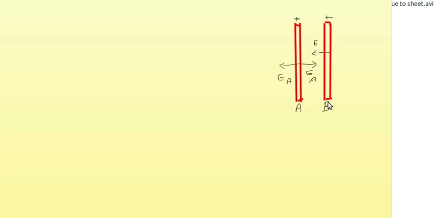Then in the case of B also, the field lines are moving away. So in both directions the field lines are moving away. Then we can define three regions: region 1, region 2 and region 3. And in these three regions, the field strength will be different because of the different directions of electric fields.